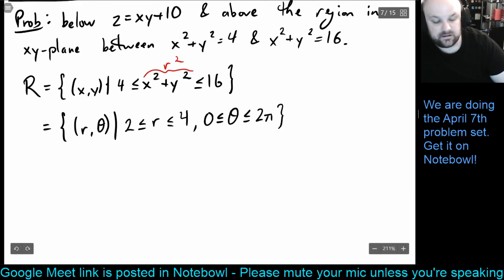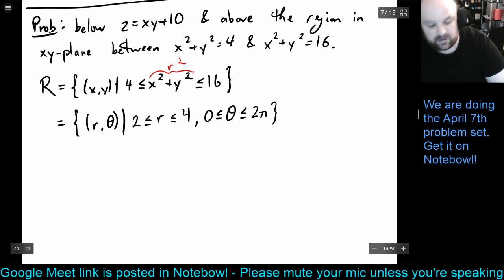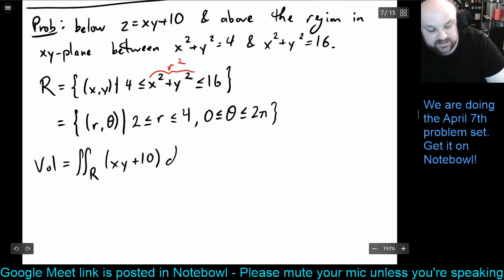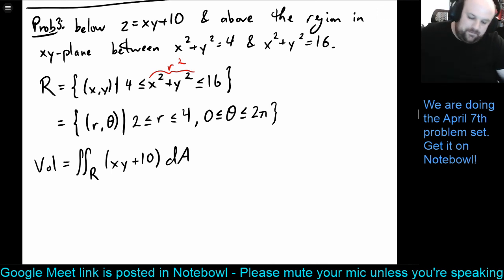So the volume here is going to be a double integral over that region of xy plus 10 dA. Oh, this is problem 3. Okay. So we want to integrate this shape.